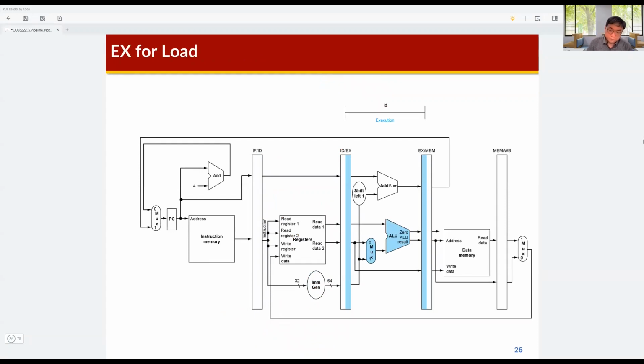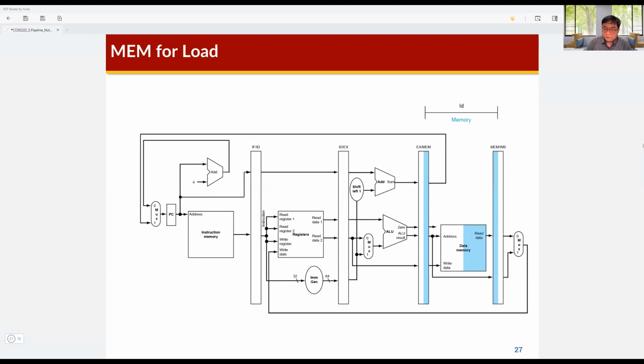The data is given to the ALU, and the ALU results are generated within 1 clock period in the execution stage. Okay, and the data is propagated to the next stage. So you need to know that these pipeline registers are sampled by clock signals.